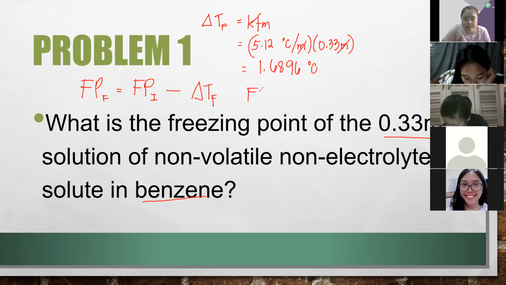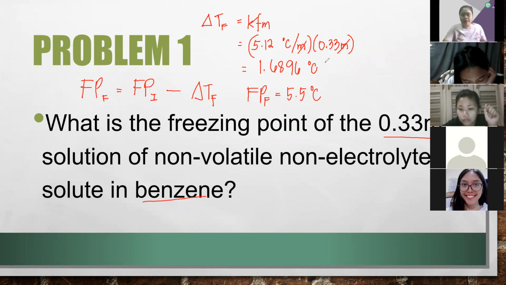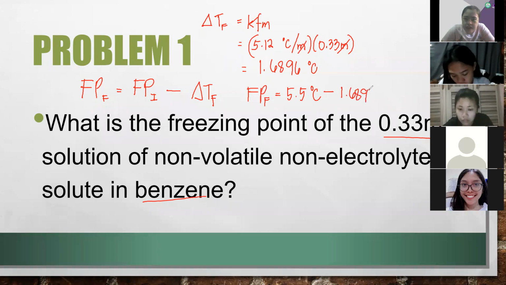In this case, the initial freezing point of benzene, which we looked at earlier in the table, is 5.5 degrees Celsius. If you have access to the table, you can verify it. It's 5.5 minus the change in the freezing point, 1.6896 degrees Celsius.